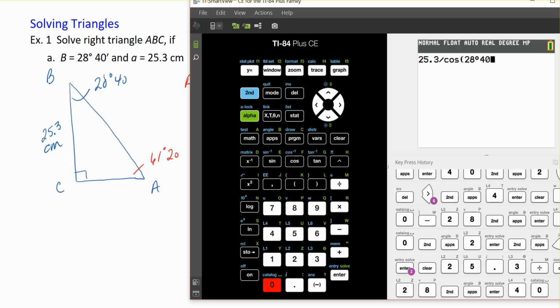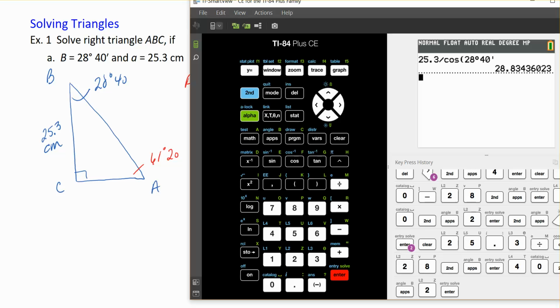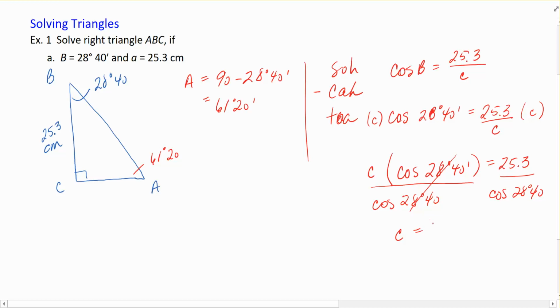My calculator's already in degree mode because I haven't changed it from the last time I used it. So that's the one thing that you need to check for. When I take that calculation, I find out that side C, if I was rounding to 1 decimal place, is 28.8. So C is 28.8 centimeters.